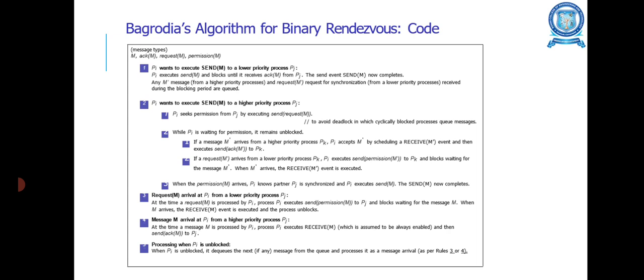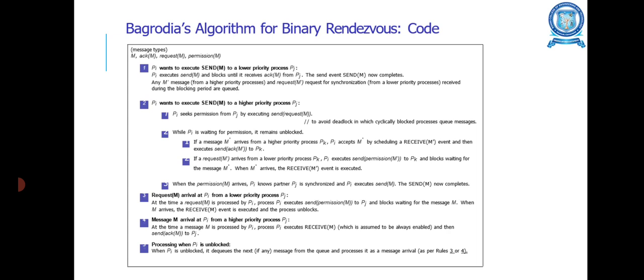Next, Pi wants to execute send of a message to a higher priority process. If it is a higher priority process, Pi seeks permission from Pj by executing send of request(M). When Pi is waiting for permission, it remains unblocked. If a message M arrives from a higher priority process, Pi accepts the message and schedules a receive of M event, then executes the send of acknowledgement. If a request message arrives from a lower priority process, then Pi executes send of permission to that process and blocks waiting for the message.